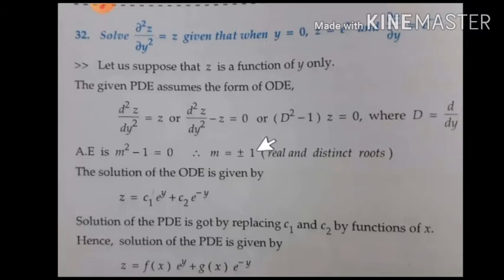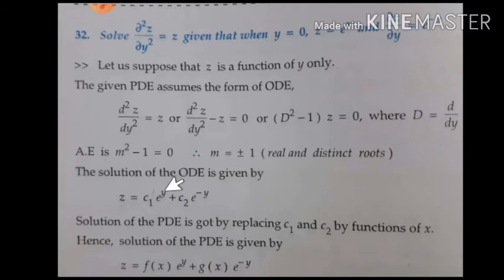So, m equal to plus or minus 1, real and distinct roots. How to write down the complementary function for real and distinct? C1 into e to the power of y plus C2 into e to the power of minus y. Why have I written the answer in terms of y?